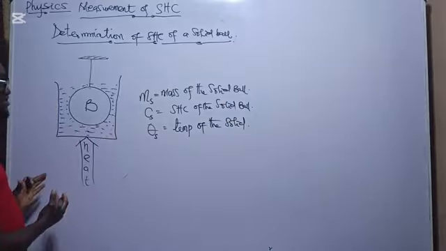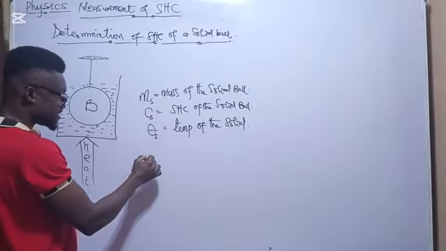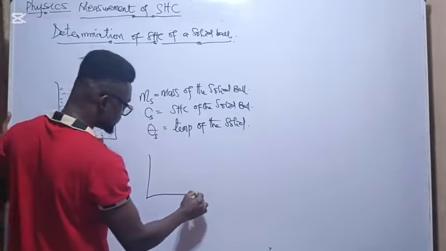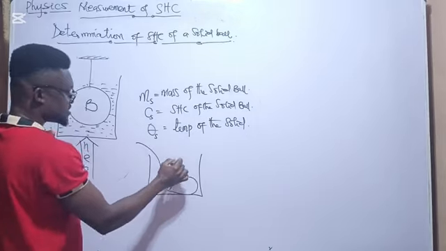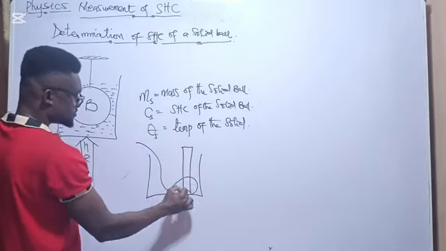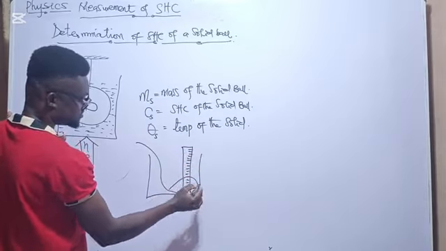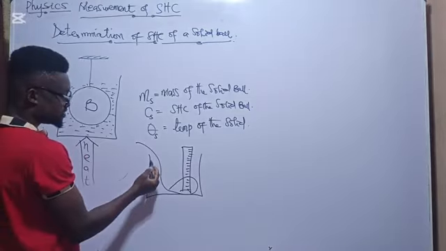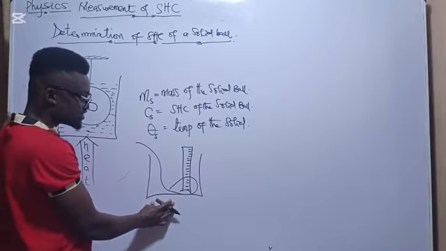Then after this, you now need to get an empty calorimeter. You have the calorimeter with stirrer and the thermometer. Okay. Then at this point, you need to weigh this empty calorimeter.